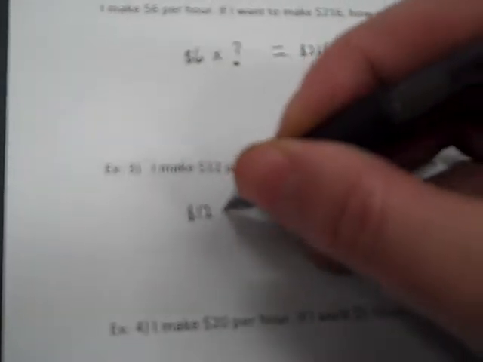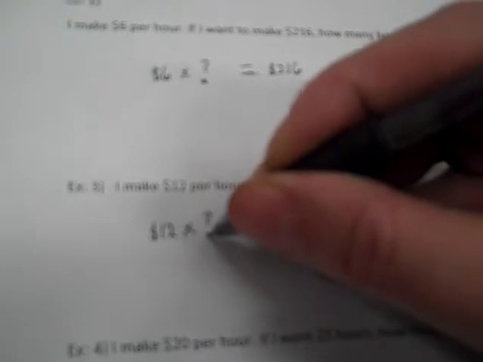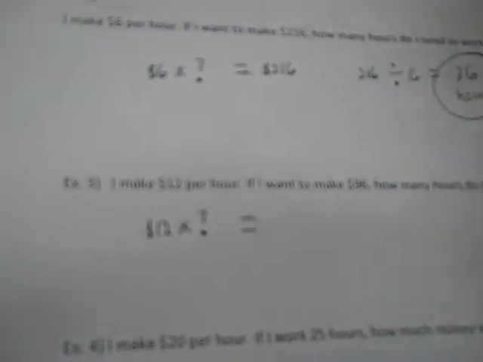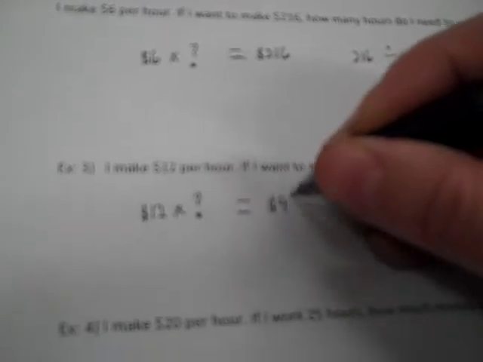Okay, example 3. I make $12 per hour. If I want to make $96, how many hours do I need to work? So, how much do I make per hour? I make 12. How many hours do you work? We don't know that, so I need to put a question mark. And when I'm done working, I want $96, so I'm equal to 96.